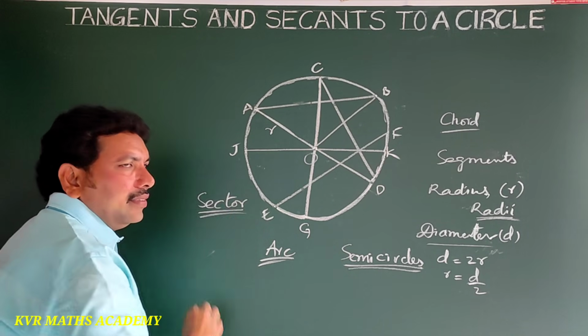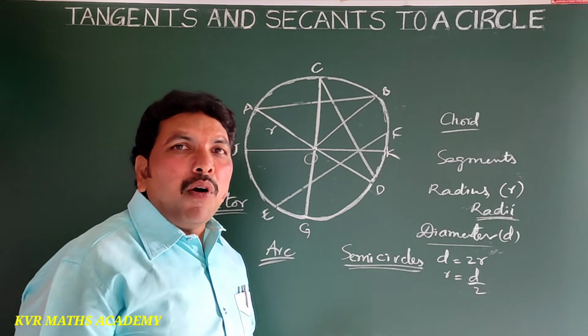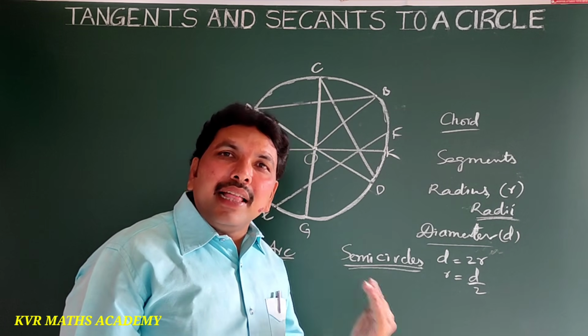Next, sector. What is a sector? The area which is bounded by 2 radii and the length of the arc is called a sector. Suppose, see here, OG and OD are 2 radii, and GD is the length of the arc. So OGD is the sector.